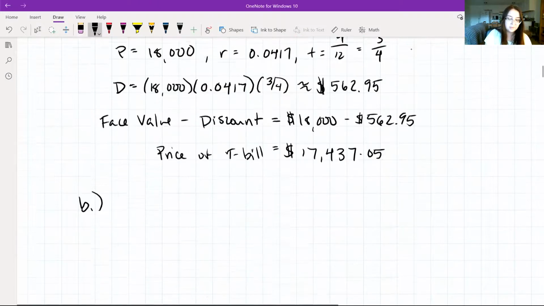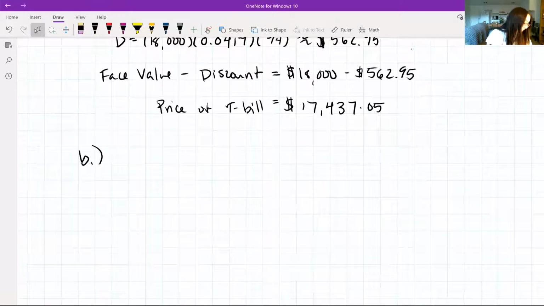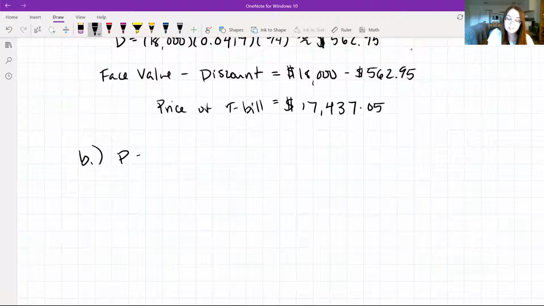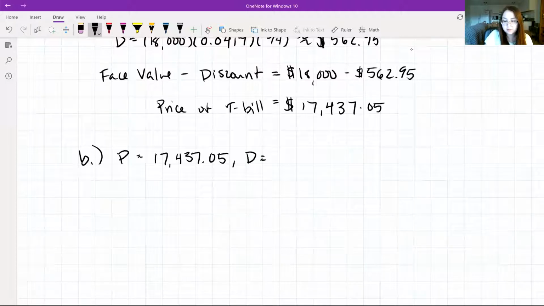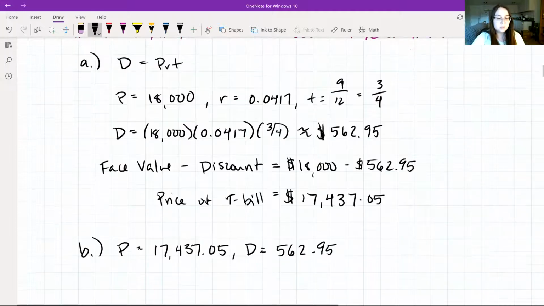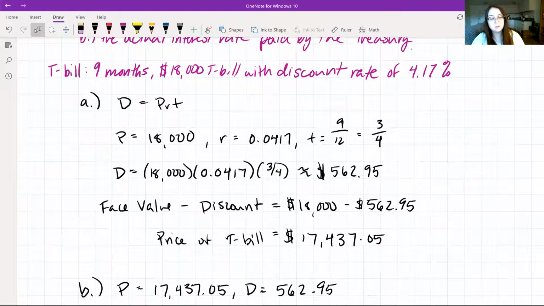So for B, we know that the original price of our T-bill was $17,437.05, and our discount, D, was equal to $562.95.